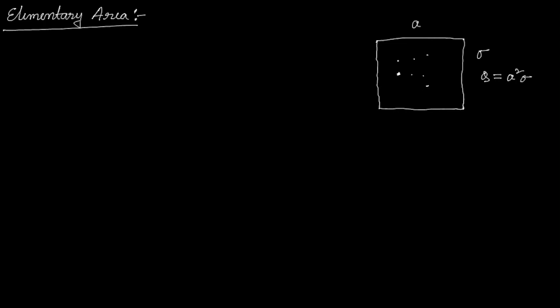Let's say we consider a point here, and a unit area here, and over this unit area there is some amount of charge, and here over the same unit area the charge distribution is different. Then this type of charge distribution is called a non-uniform charge distribution. So for this type of situation we cannot write that the total charge on the surface is this much. This will be wrong, and this is only valid for a uniform charge distribution.